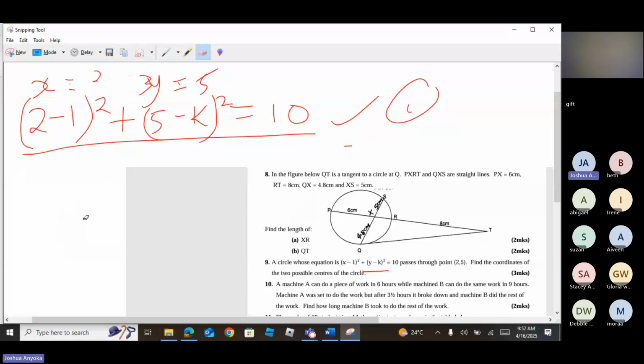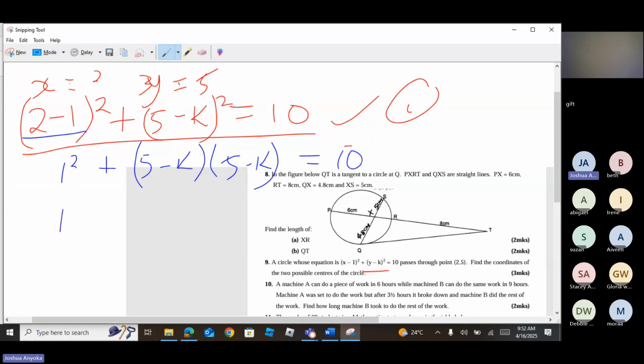Let's now expand. Let's evaluate. 2 minus 1 squared plus this is 5 minus k times 5 minus k. This equals 10. 1 squared is 1. 5 times 5, 25, minus 5k minus 5k plus k squared is equal to 10.